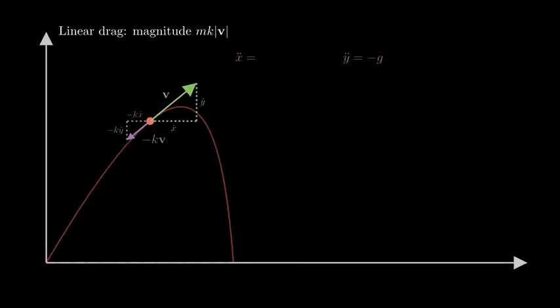This negative k x dot drag is the only source of horizontal acceleration, and this negative k y dot drag is added on to the negative g for the vertical acceleration. And what we get is this pair of differential equations. So for the remainder of this video, we will solve the differential equations to get expressions for x dot and y dot, so both horizontal and vertical velocities.